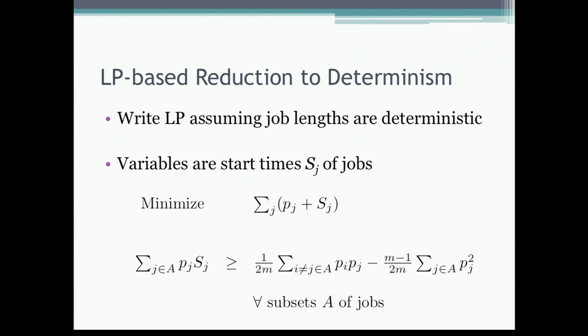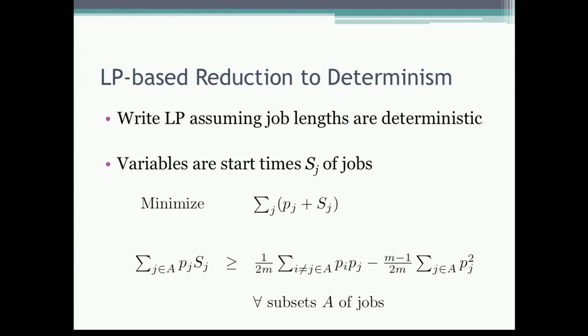So this is a somewhat non-standard LP where the variables are Sj, where Sj is the start time of job j. Right? And what you want to minimize is the sum of the completion times. The completion time of a job j is whenever you started the job plus the processing length of the job. Right? That's when the job will finish. You're summing this over all jobs j.